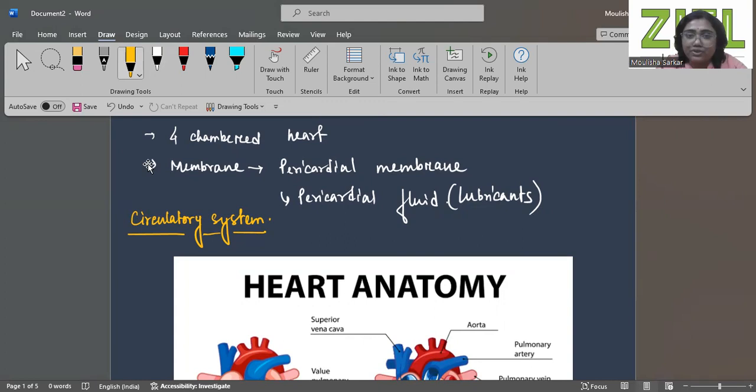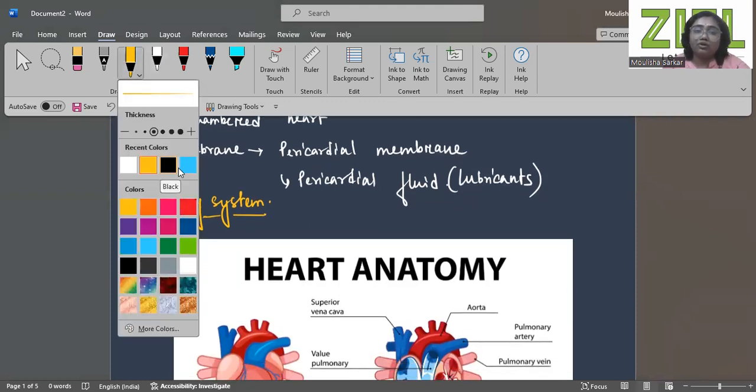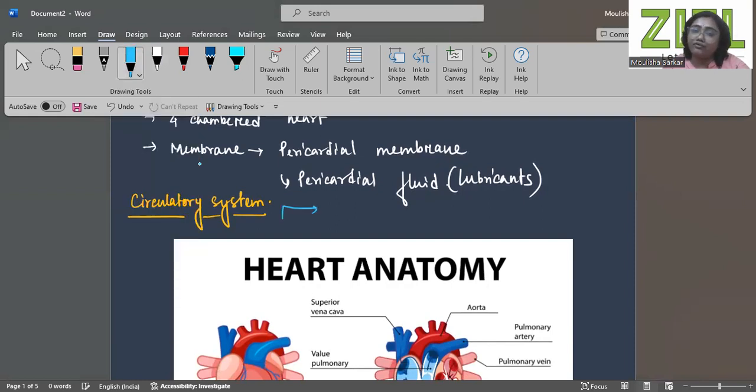All the body tissues require food and oxygen. This distribution or transport is done by the circulatory system, right? And this circulatory system has three main constituents. First of all, the organ, which is the heart. It is the pumping organ, because it is pumping things in and around the body.